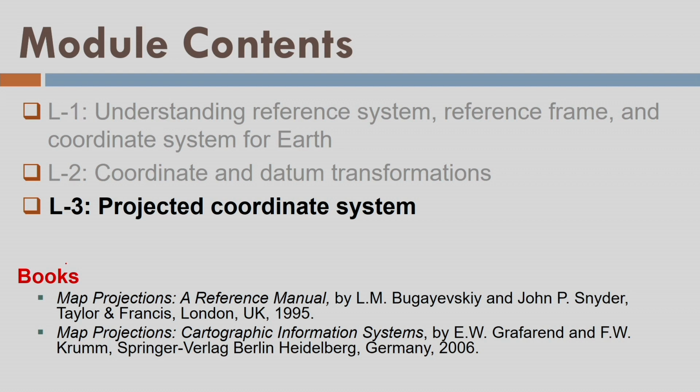This was a good background for understanding coordinate systems and reference frames for the earth. Remember that the earth requires a different set of coordinates and reference frames. Why? Because it is no more a plane surface. It is a curvilinear planet.